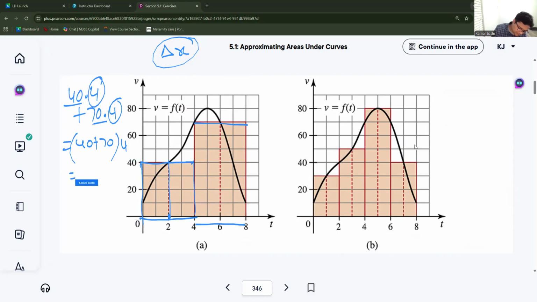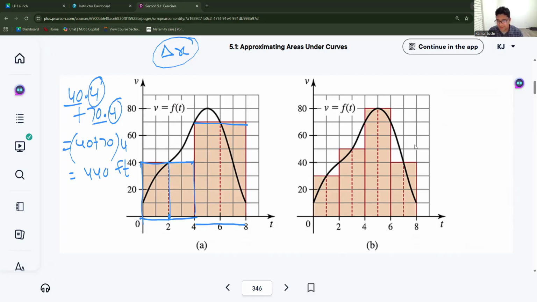So that is going to be 440. That is 440 feet according to the units given. The total distance traveled by that object from 0 to 8 seconds is 440 feet as approximated by two subintervals.